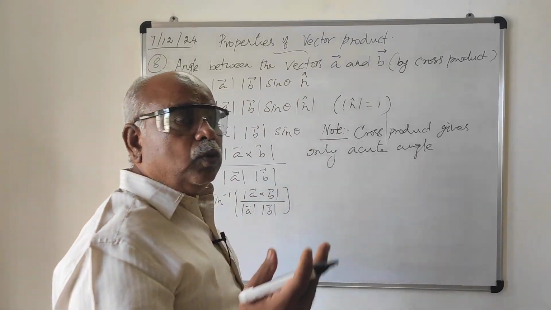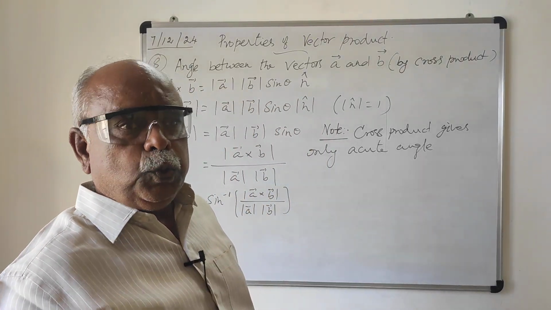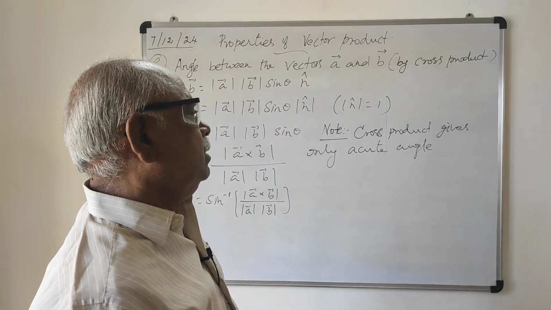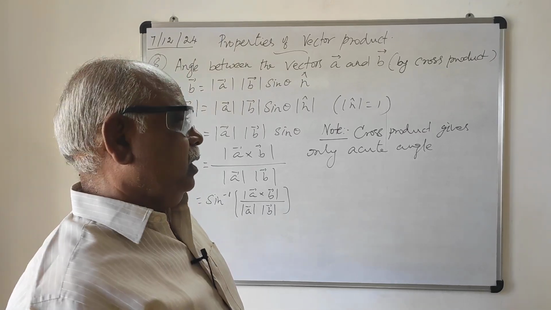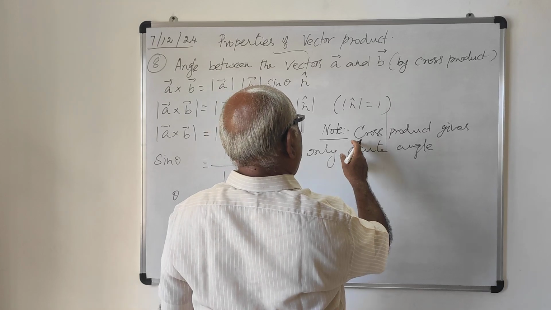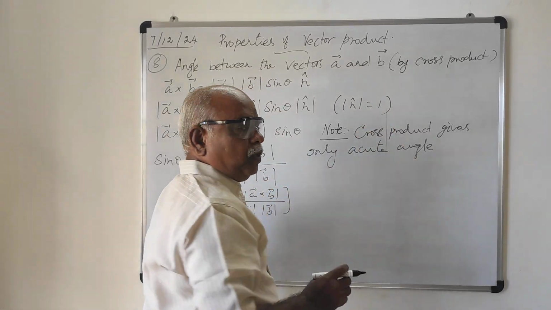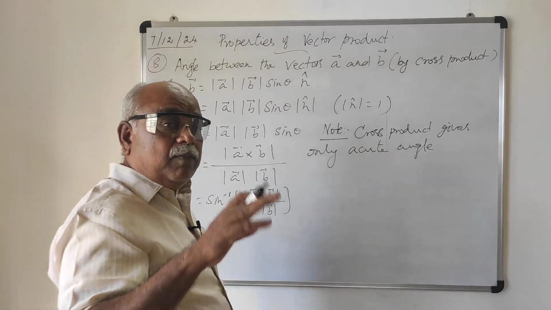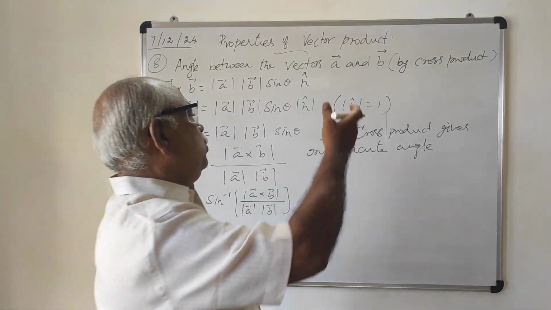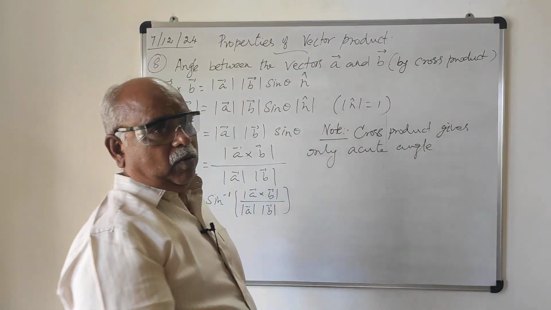So whether it is acute or obtuse, it is better to use the dot product formula. That gives you both the acute or obtuse angle. Whereas the cross product gives you only acute angle. So it restricted the idea of getting the angle between the vectors. If the angle between the vectors are obtuse, you cannot use this cross product formula.